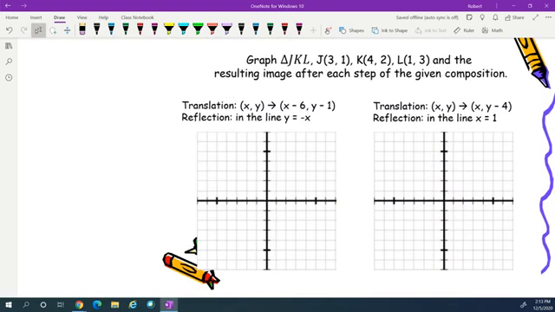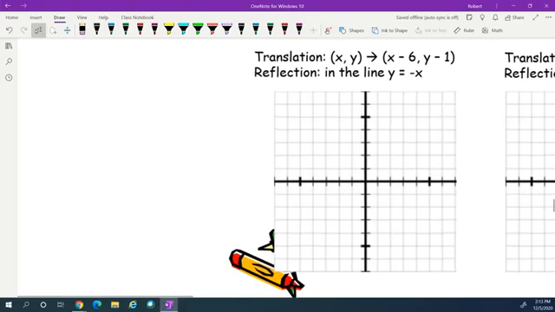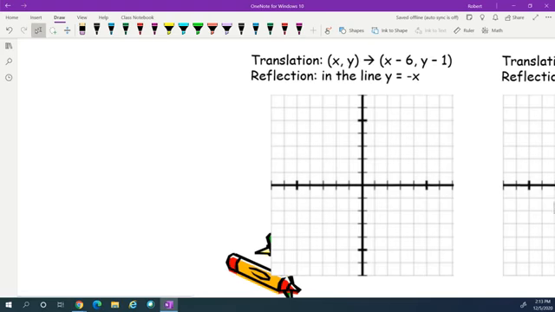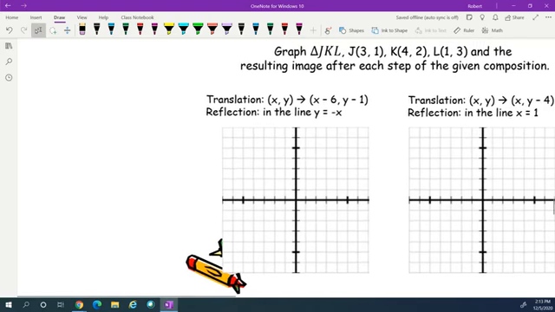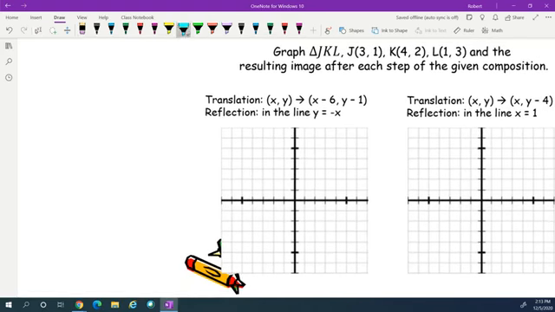Here we're asked to graph the triangle and its image after each step of the composition. So let's do number 1. Sorry, we need the original. Right there. So again, I'm just going to copy those points.